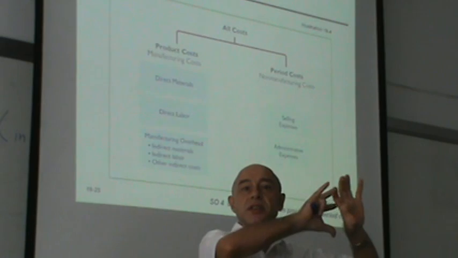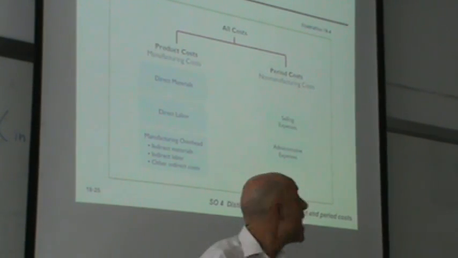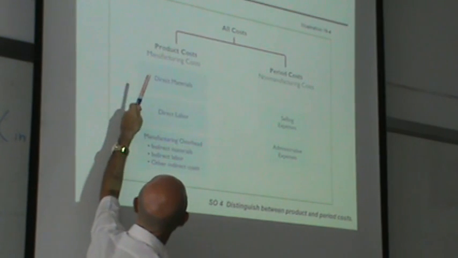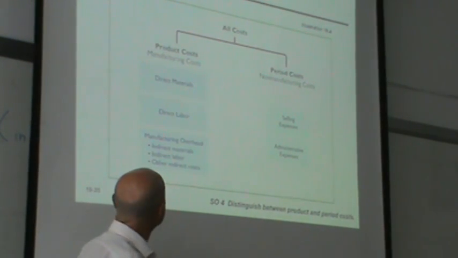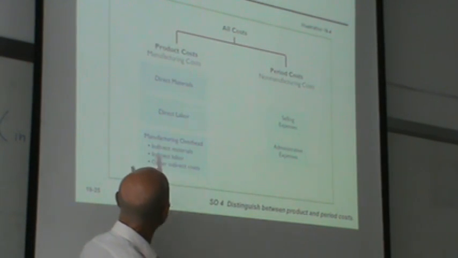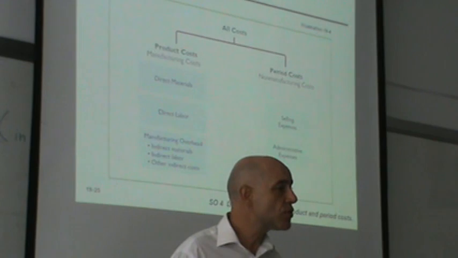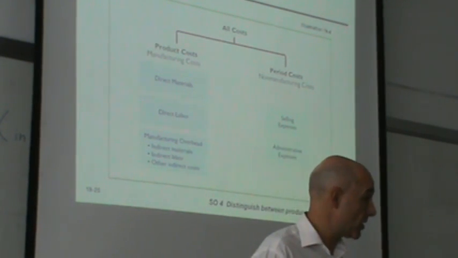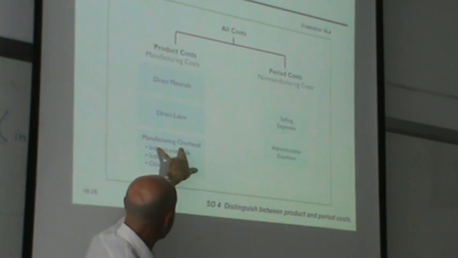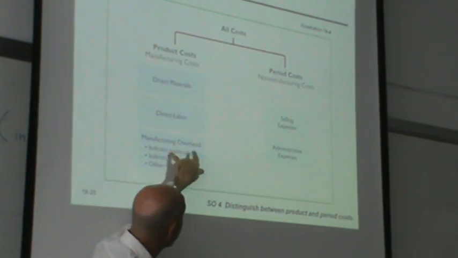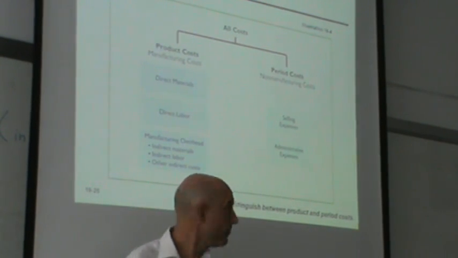So everything is divided into manufacturing costs and non-manufacturing costs. And the manufacturing costs are three: direct material, direct labor, and the manufacturing overhead. So the most difficult part is to distinguish between the manufacturing overhead and the non-manufacturing cost.